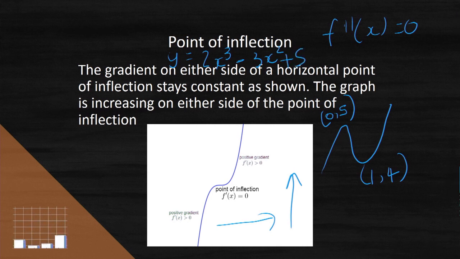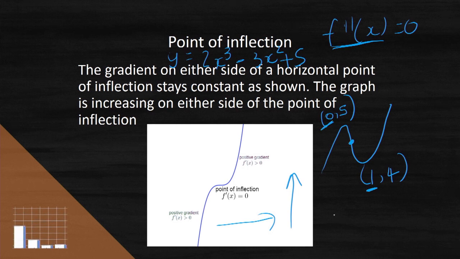I can certainly find the point of inflection by letting the second derivative equal 0, or I can find what value lies midway between the x values of the turning points, and that will give me my point of inflection. Here, the x-coordinate of the local minimum is 1, and the x-coordinate of the local maximum is 0.